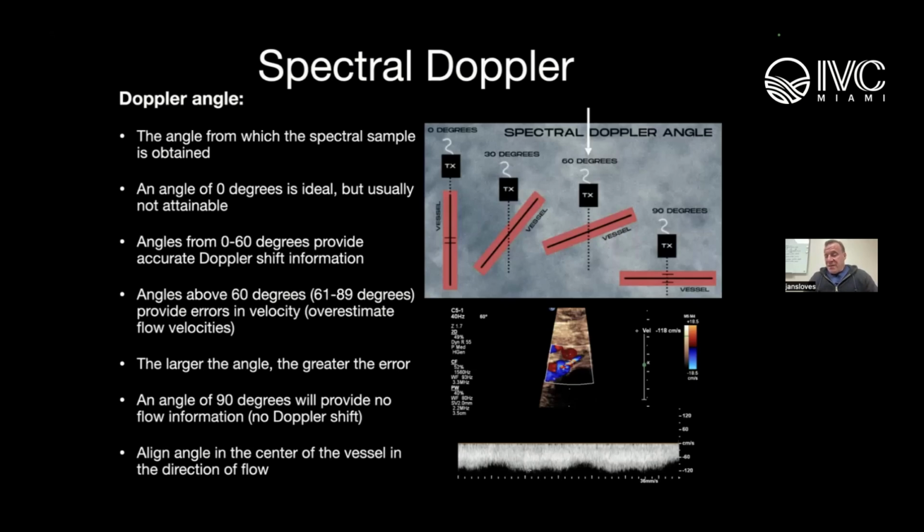This is in the pelvis, across the iliocaval confluence. This is the left common iliac vein being compressed by the overlying artery against the spine, and you can appreciate the high velocity here of over 100 centimeters per second, right? So this is what we refer to as venous stenosis.